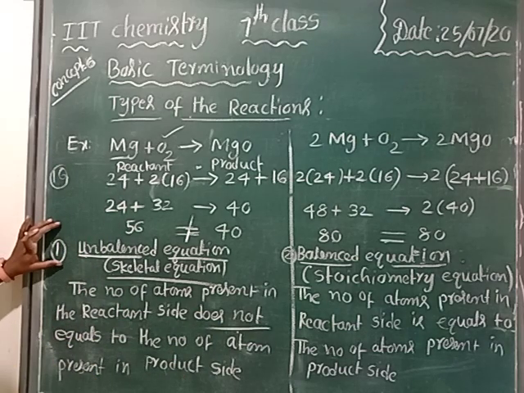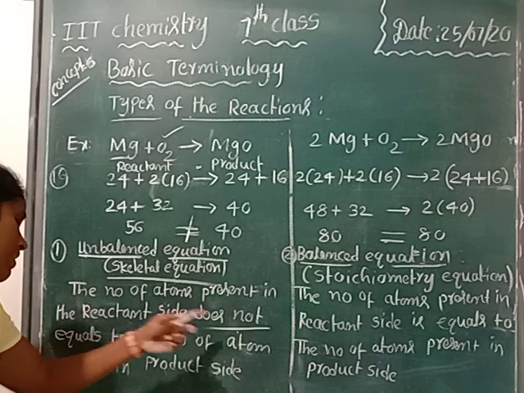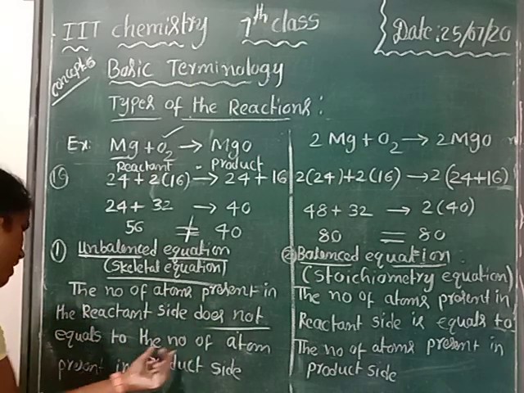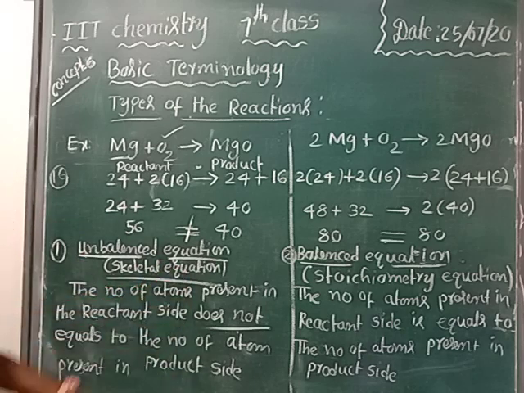What is the definition of an unbalanced equation? The number of atoms present in the reactant side does not equal the number of atoms present in the product side; this is called an unbalanced equation.